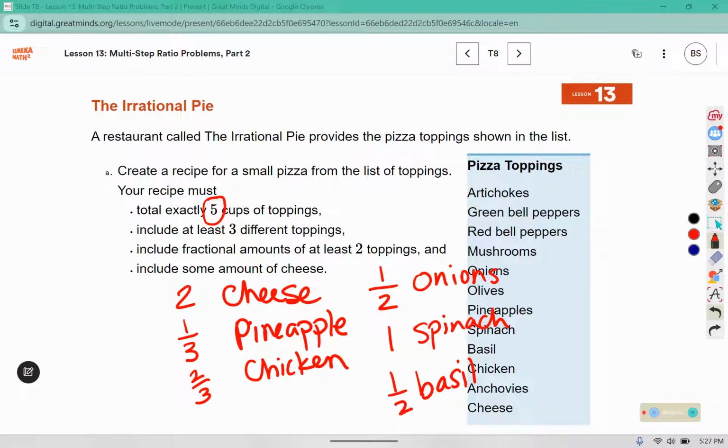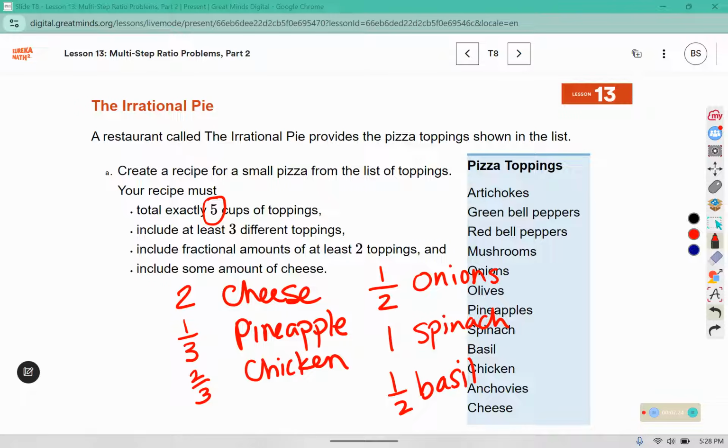I need another half. So 2, 3, 4, 5. 5 cups. At least 2 of them are fractions. I have at least 3 toppings, and some of it is cheese.